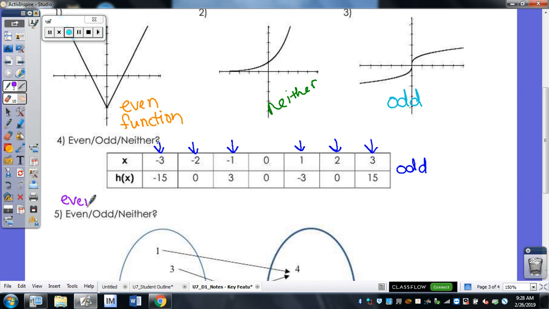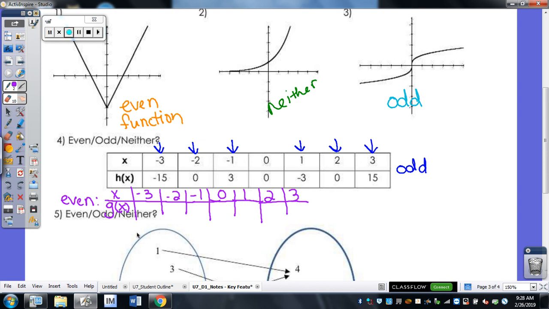Let's write in there an example of an even table, just so you can see what it would look like. I'm going to call it g of x. All right, so negative 3, negative 2, negative 1, 0, 1, 2, 3.